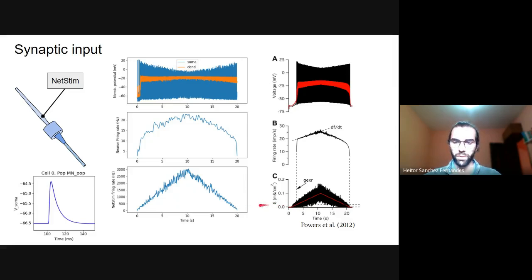Here the stimulus was a little different from what they reported, what they call time varying conductance, so I tried to mimic this with synapses activated by a NetStim. It was nice to see two different slopes in this firing rate, related to the persistent currents.